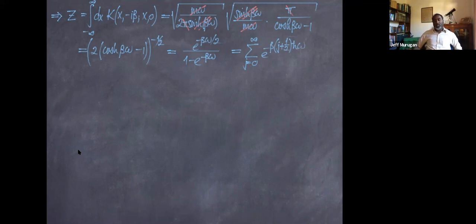And the way that these two are the same is the fact that what's sitting inside the sum is a geometric series, if you think about it. And you can sum the geometric series and it gives you a 1 over 1 minus e to the minus beta omega in the denominator. So that's just a geometric sum, and I've reinserted a factor of h bar through dimensional analysis. So this equality comes from recognizing that the left-hand side is the result of summing a geometric series.